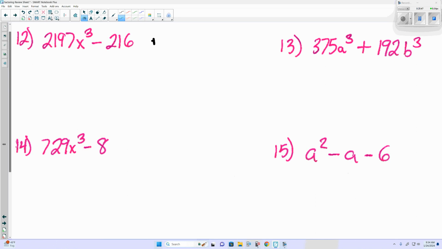So what that's telling us is, off to the side, we can say the cube root of 2197x cubed. Well, 2197 is 13, and x cubed is x. We also need to take the cube root of 216.